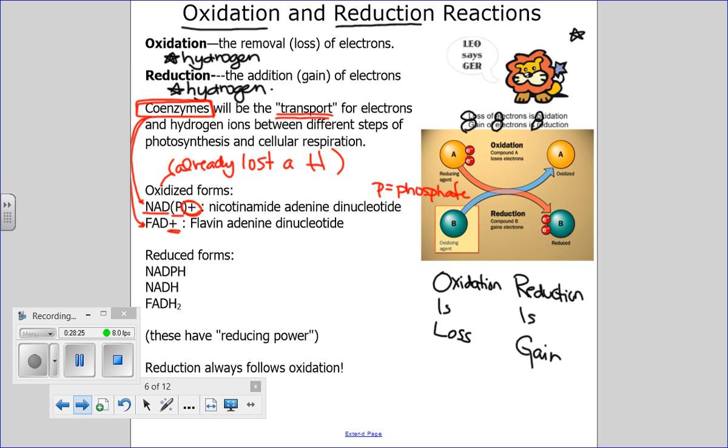Now, if those molecules pick up a hydrogen and become reduced, this is how we would write them. NADPH, NADH, or FADH2, and that's on purpose, it's not a typo. FAD needs to collect 2 hydrogen atoms.